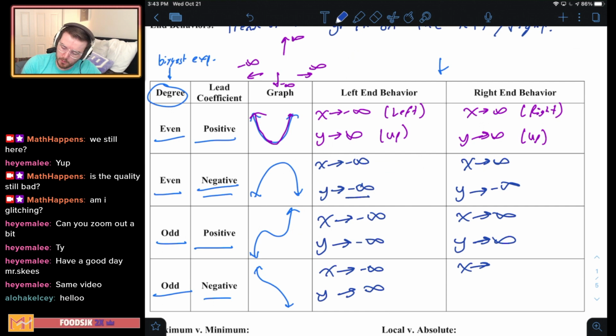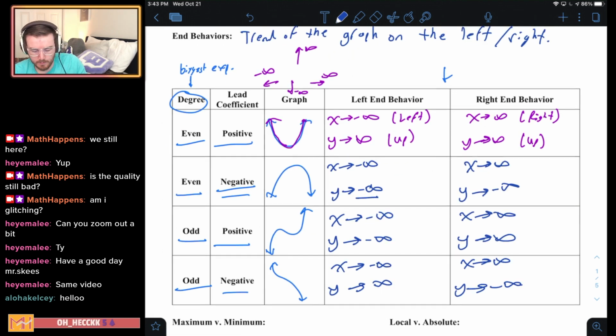As I go right, I'm going down. The way I like to think of it is even is symmetrical. Positive, go up. Negative even, go down. It's like goalposts, right?